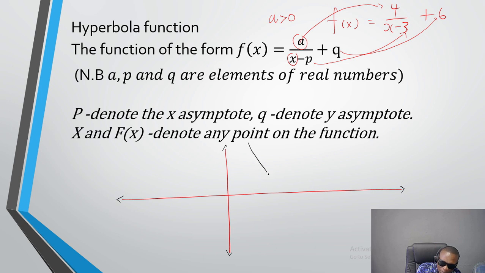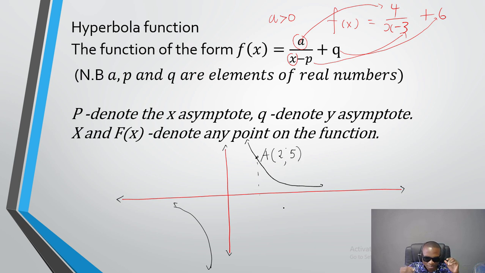It's a hyperbola graph, and on the hyperbola graph there is a point. Let's say you have a point here, point A, perhaps (2, 5).